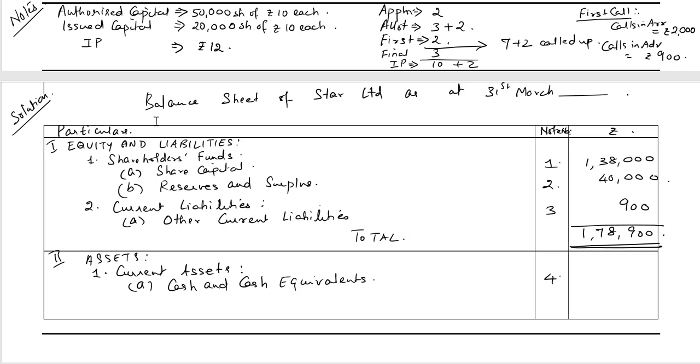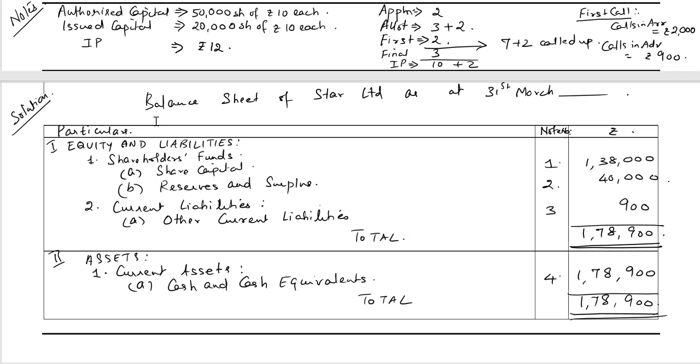Against note 4, the amount of cash and cash equivalents is 1,78,900, and the total of the asset side of the balance sheet is also 1,78,900 rupees.